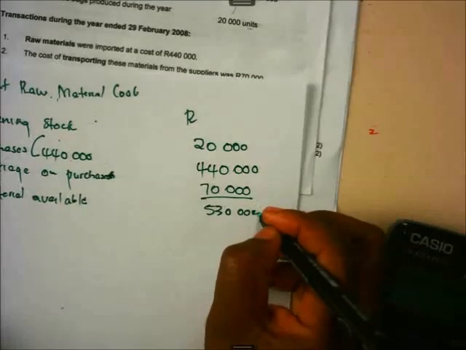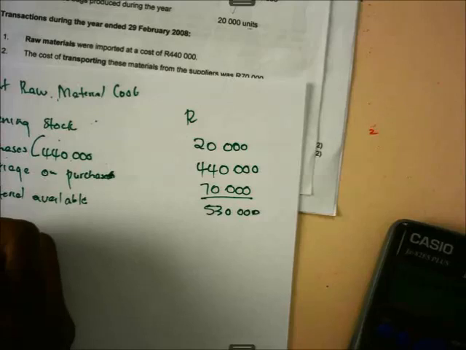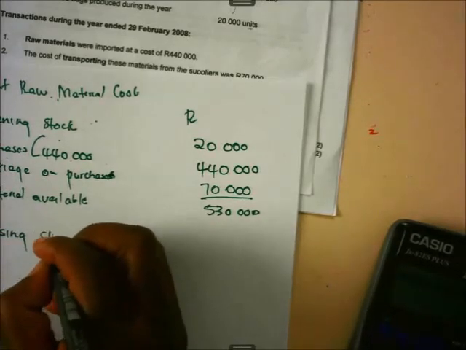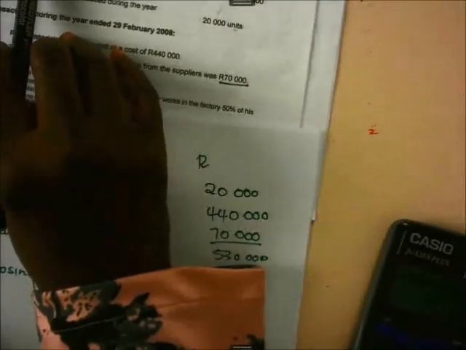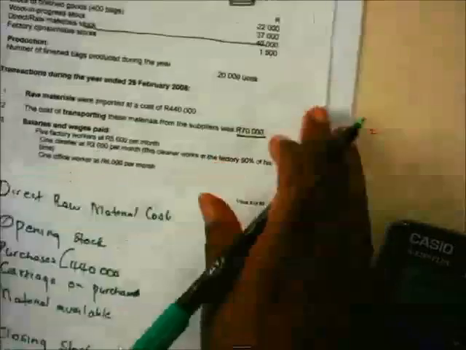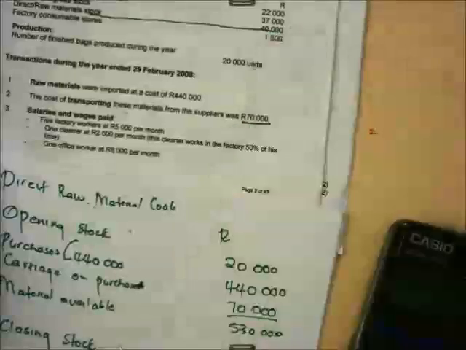Now we say less the closing stock. Closing stock. This is the stock at the end of the financial period. They say stock on hand at the end of the year, raw material, it is 40,000. We said 40,000 as a closing stock.